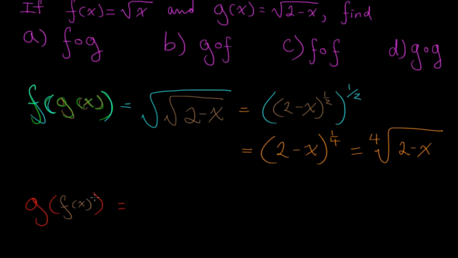So g of x is root 2 minus, and f of x I did in brown, so root x. And that's the composite.